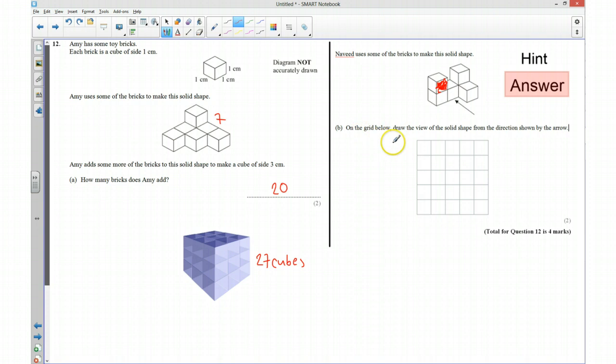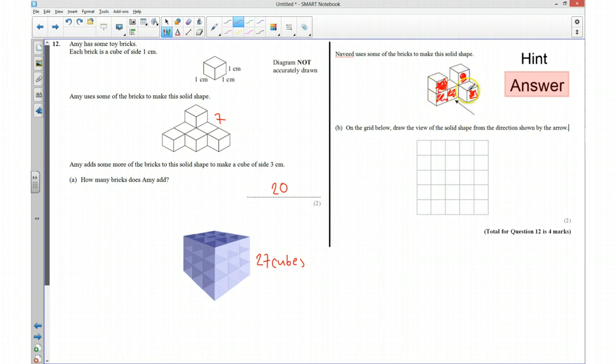Okay, part B, we need to show what we can see when we look from this direction at this shape. Well, we decided we could see this square here. I could also see this square here, this one here, this one here, and this one up here.